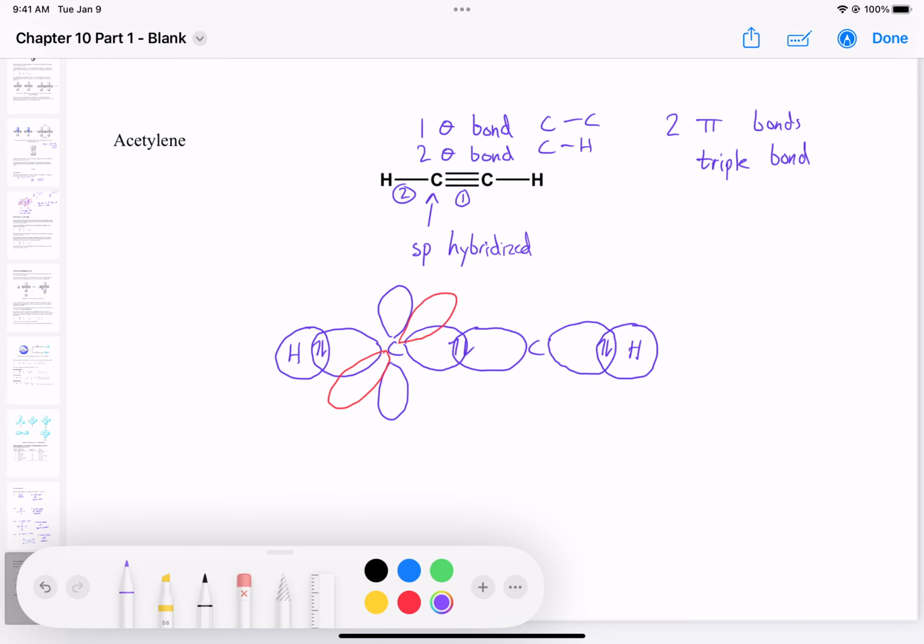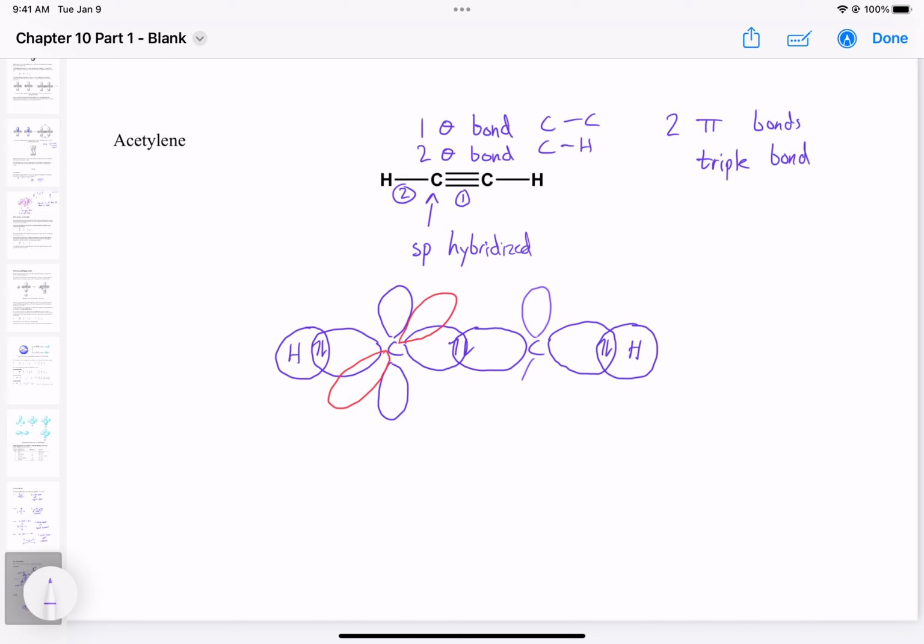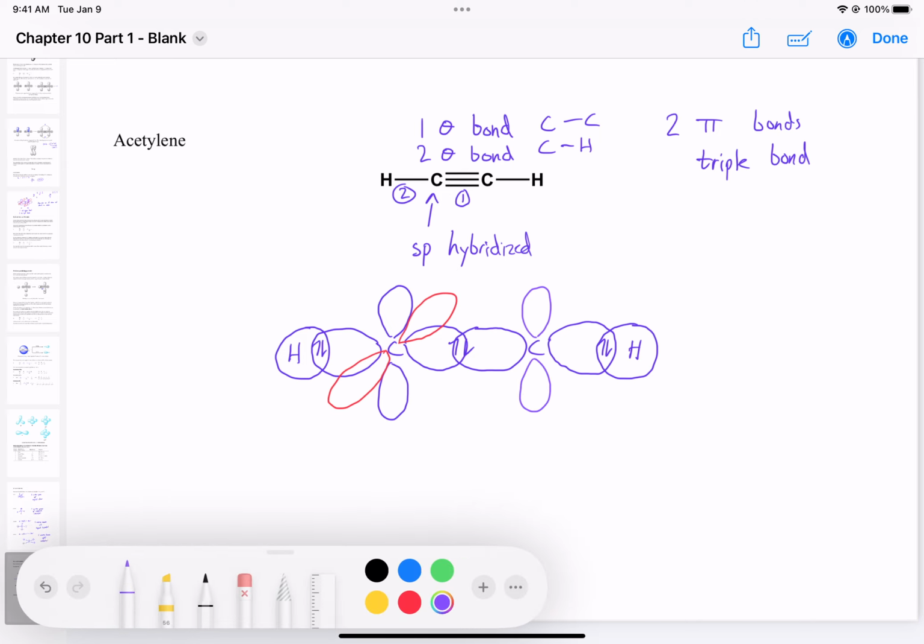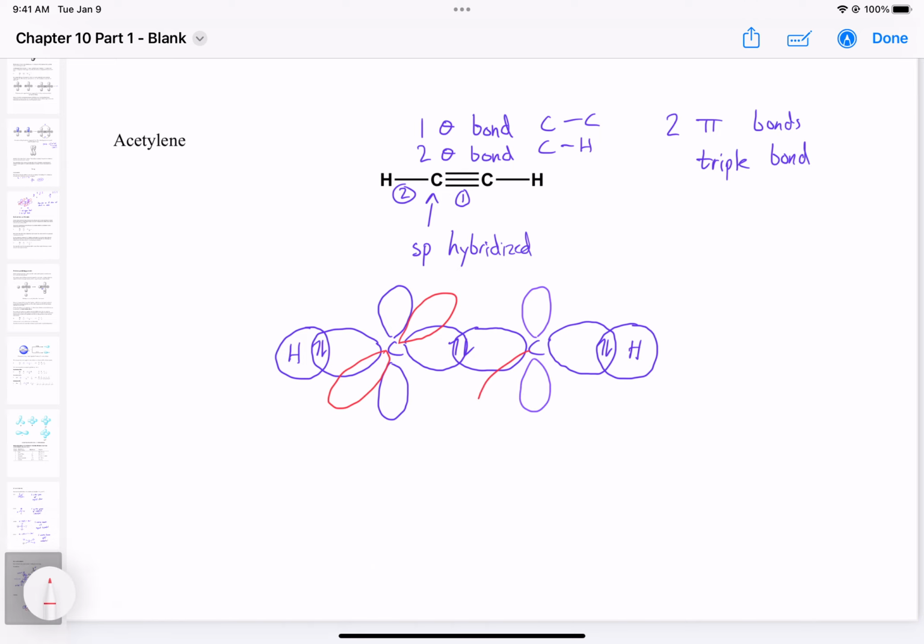Okay, so the first set of p orbitals is going to be perpendicular here.